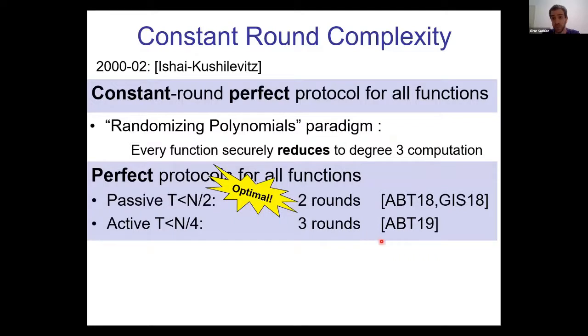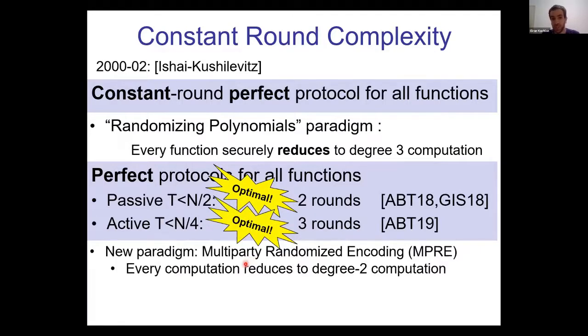Another work of ABT showed that for the active adversary with suboptimal resiliency of t less than n/4, every function can be computed in 3 rounds, which is again optimal for this regime. The key ingredient in the work of ABT is a new paradigm called multi-party randomized encoding, or MPRE, in which they show that every computation reduces to a degree 2 computation.